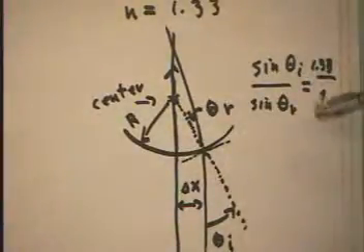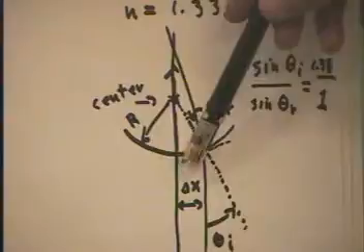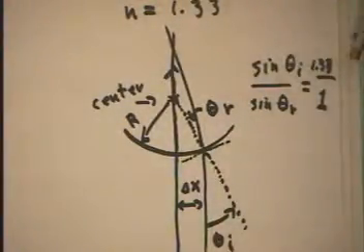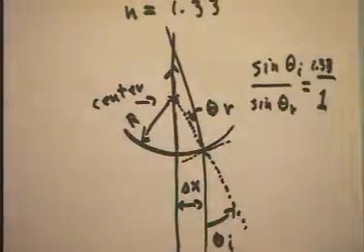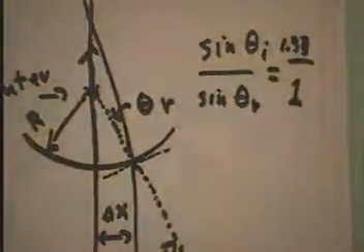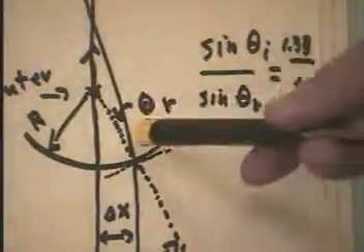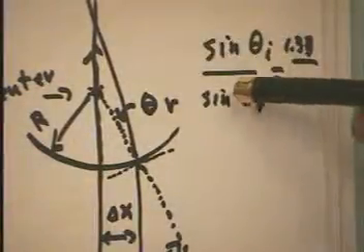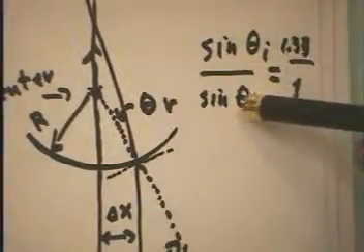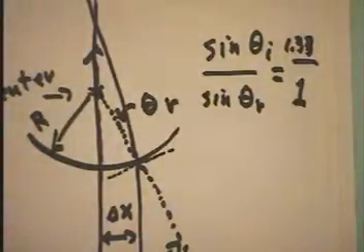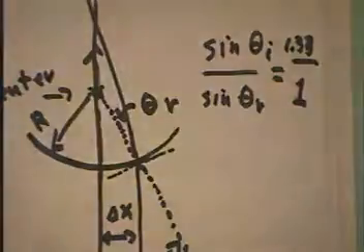We have the radius r, and we have Snell's law for this refraction, which says the sine of the incident angle over sine of the refracted angle is 1.33 over 1, or just 1.33. And remember that the index of refraction is inside the material where the index is 1.33. The index goes here, the angle goes here, because we have this inverse proportion that we've already talked about and worked with.